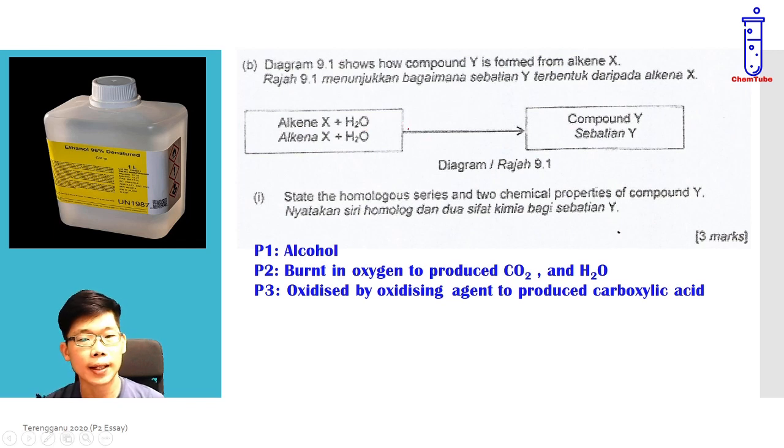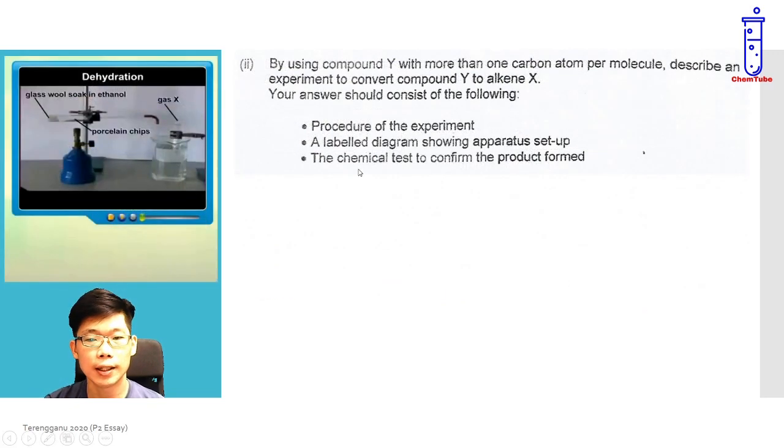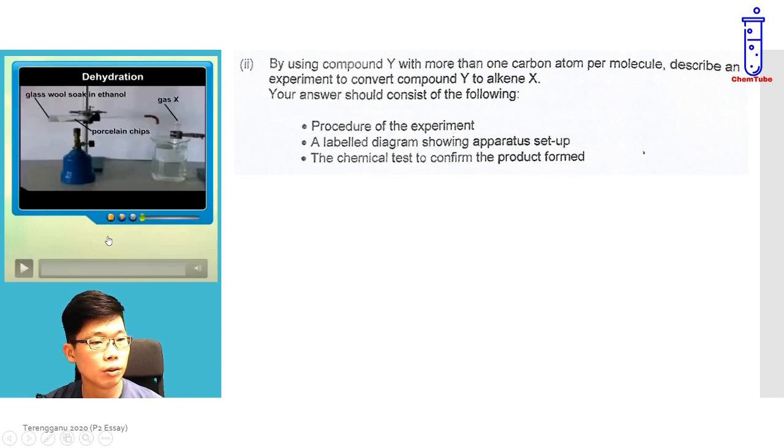If reversed, it is actually the dehydration. So your answer should include procedure, labelled diagrams, and then the chemical test to confirm the products. Okay, now I show you a video on the dehydration process.